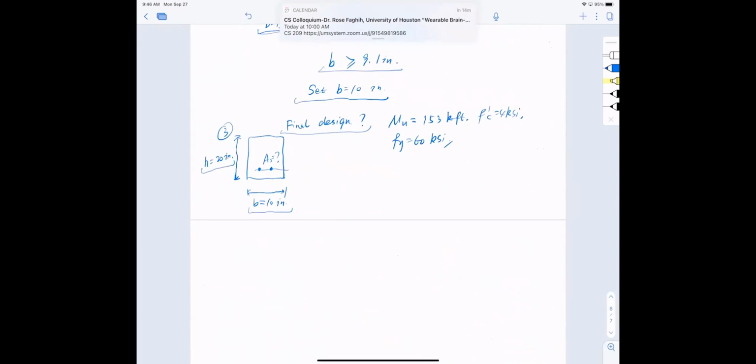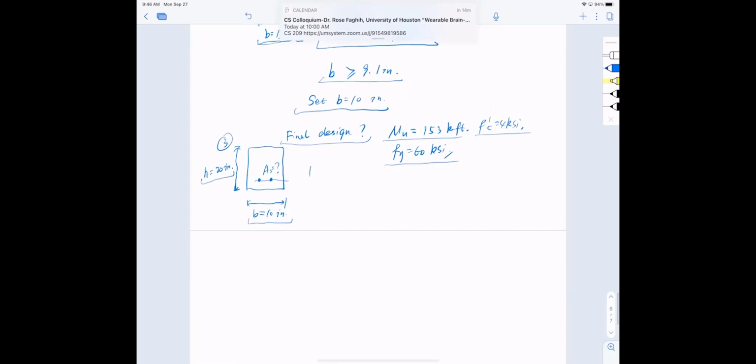All righty. So now, if I have the section size 20 inches height and 10 inches of width, Mu, f'c 4 ksi, fy 60 ksi, have we seen this problem before? Yeah, I think so. This is the design of reinforcement for a known section.